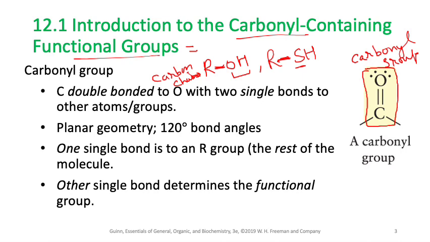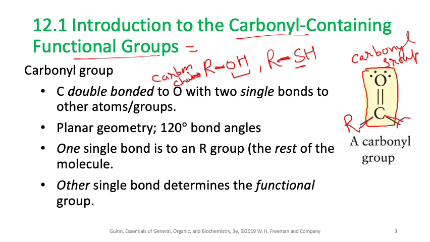And as you can see over here, the carbonyl group consists of a carbon double bonded to an oxygen atom. Because carbon has to make 4 bonds in an organic compound, and the double bond is already attached to an oxygen, the other 2 bonds on the carbonyl group, one of them can be an R group, which is a carbon chain.